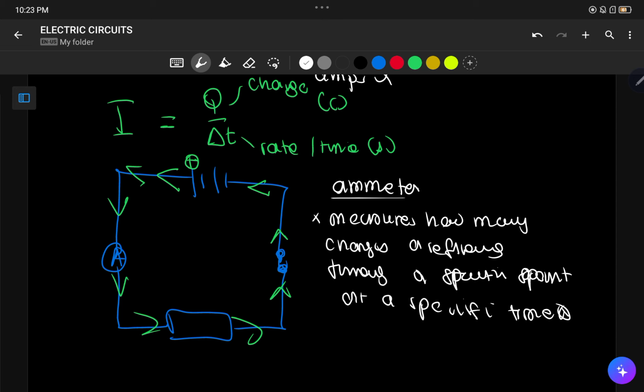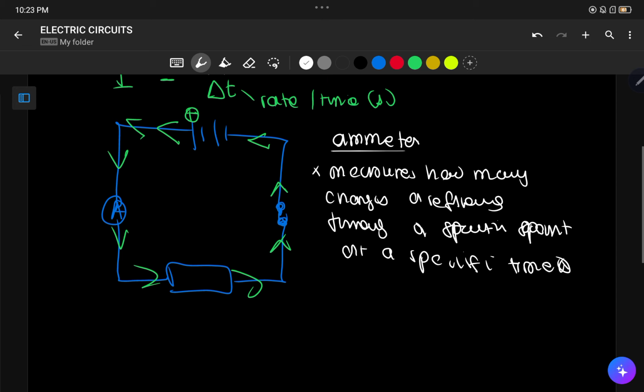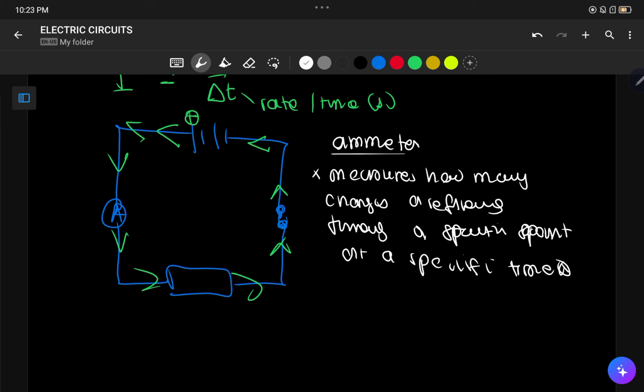As I said, you have current, which is the rate of flow of charge, or how many charges are flowing in a specific point at a specific time. That is current. The symbol is I, capital letter I, and the unit is capital letter A, also known as amperes. And you have what is referred to as voltage or potential difference. I said that you must always make a differentiation between EMF and terminal potential difference.